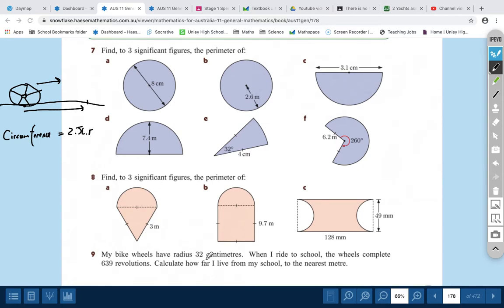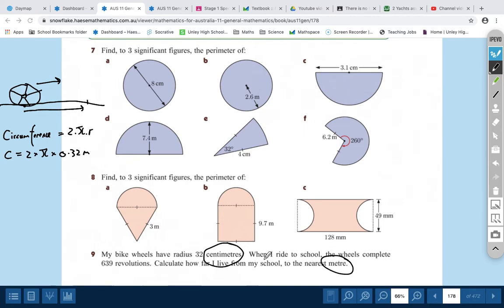Now the radius here is in centimetres, but they want to know how far this bike's going to go in metres. So I'm going to do a conversion. Circumference equals 2 times pi times 0.32 metres instead of 32 centimetres.